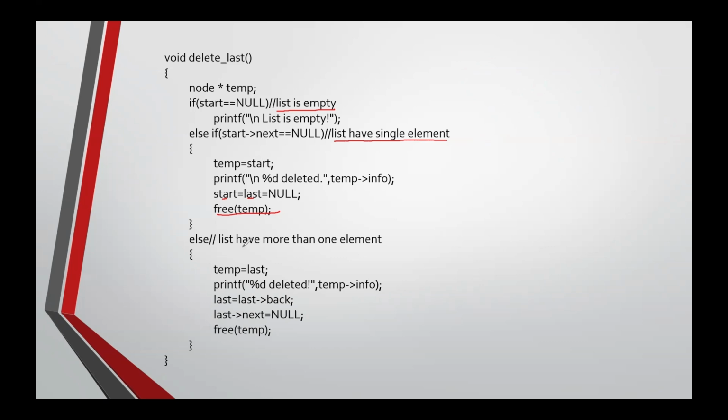Then third case, the list has more than one element. So for example, this is a list of elements. This points to the first node, this points to the last.